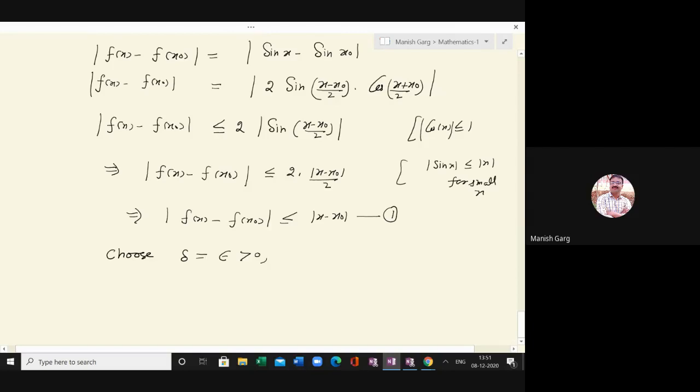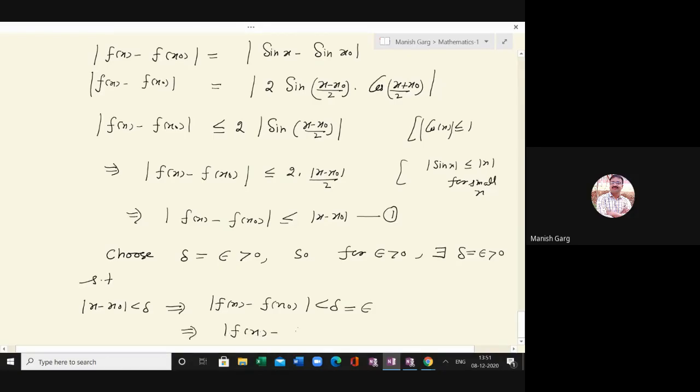So for epsilon greater than 0, there exists delta equal to epsilon such that whenever mod x minus x naught is less than delta, mod f(x) minus f(x naught) is less than delta, which is equal to epsilon.